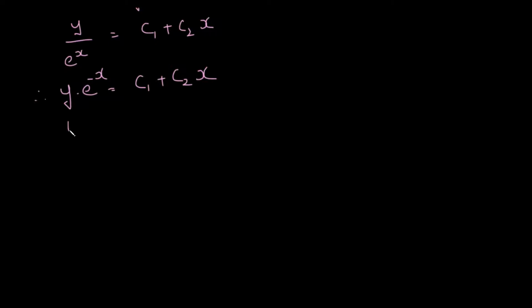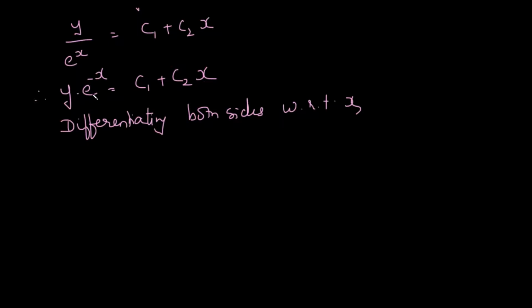So now we carry out differentiation on both the sides with respect to x. Over here in the LHS, obviously u into v formula we have to use, because two terms are given which are multiplied together.